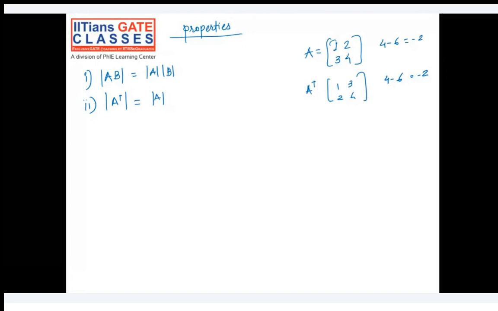Okay, is it clear? So either it can be 0 or non-zero.